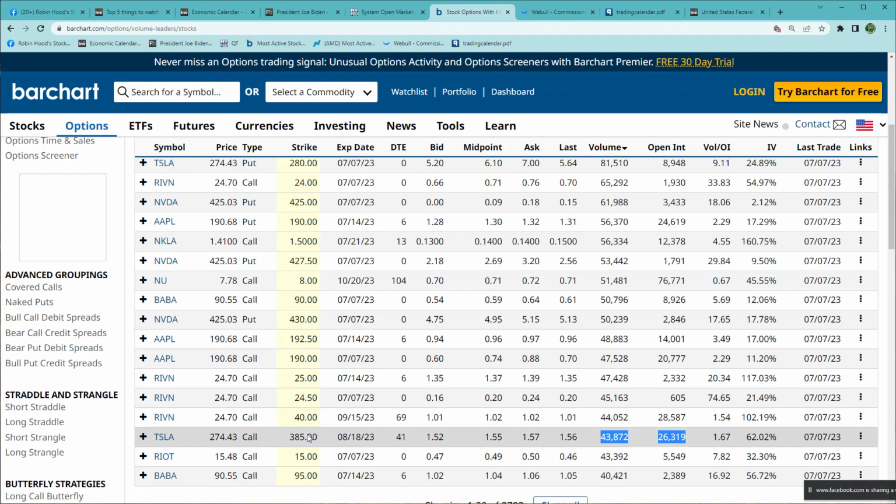Man, but again, I don't see it on here now, but I'll refresh the page with a different configuration. In the past, we have seen an $825 call strike price for Tesla that expires next January of 2024. But this is the first time we've seen this one, $385 that expires in August, which is very, very interesting.